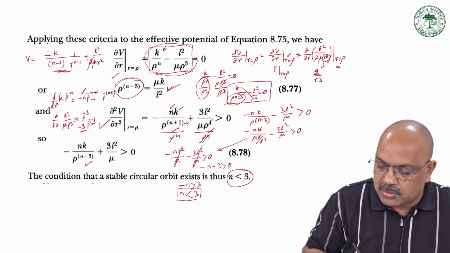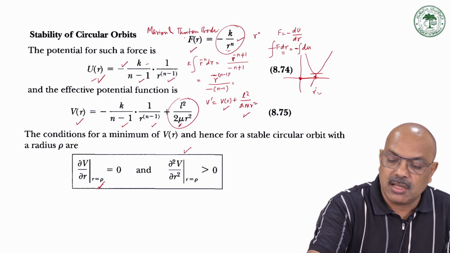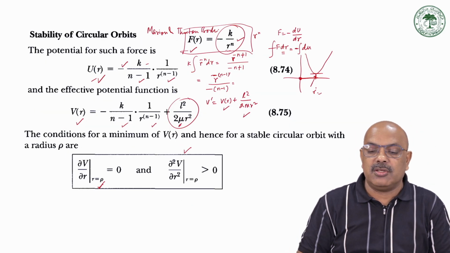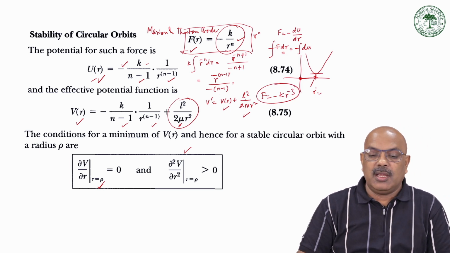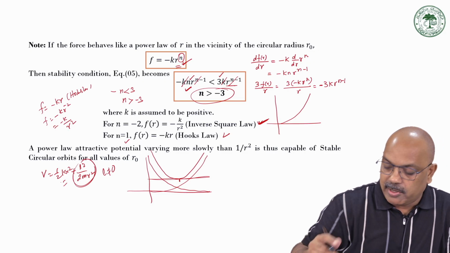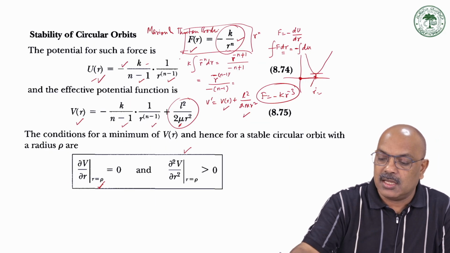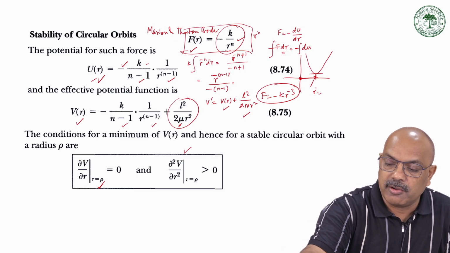Okay, so this is what you get: n is less than 3 for the potential, or the force is given as minus k r to the power minus n. Earlier you saw that you had r to the power n, and now this is r to the power minus n.